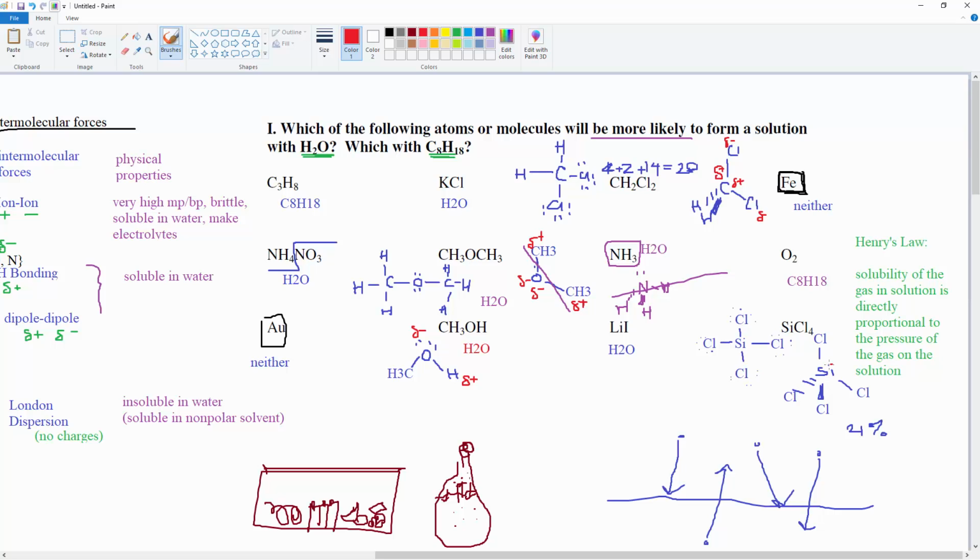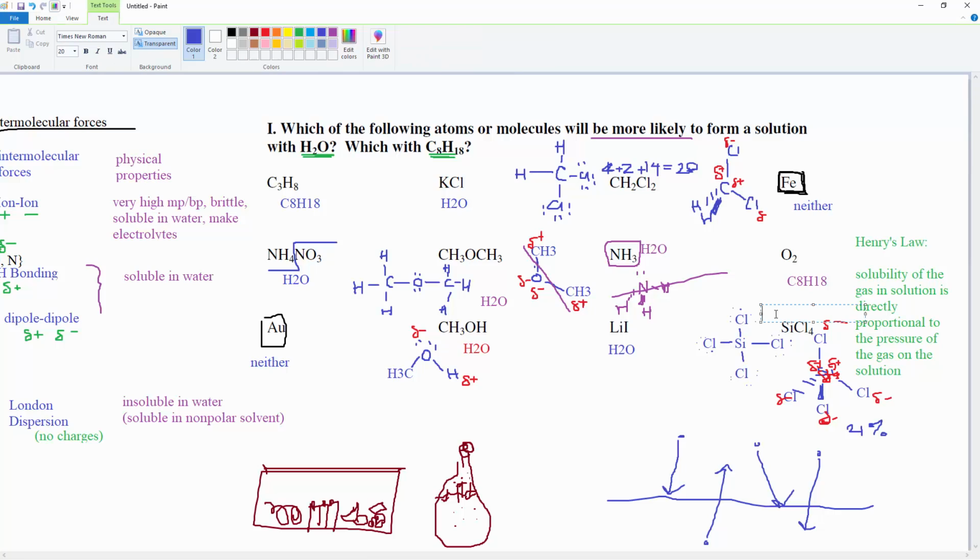So you look at each bond again. Partial positive on the Si, partial negative on the Cl. For this bond, partial positive on the Si, partial negative on the Cl. For this bond, the same. For this bond, the same, and then it doesn't pass the line test because all the positives are in the middle. Does that make sense?